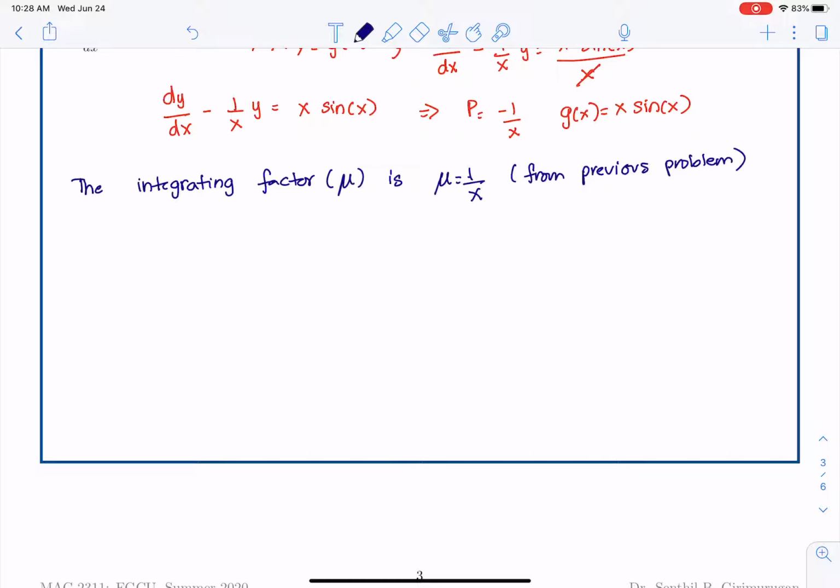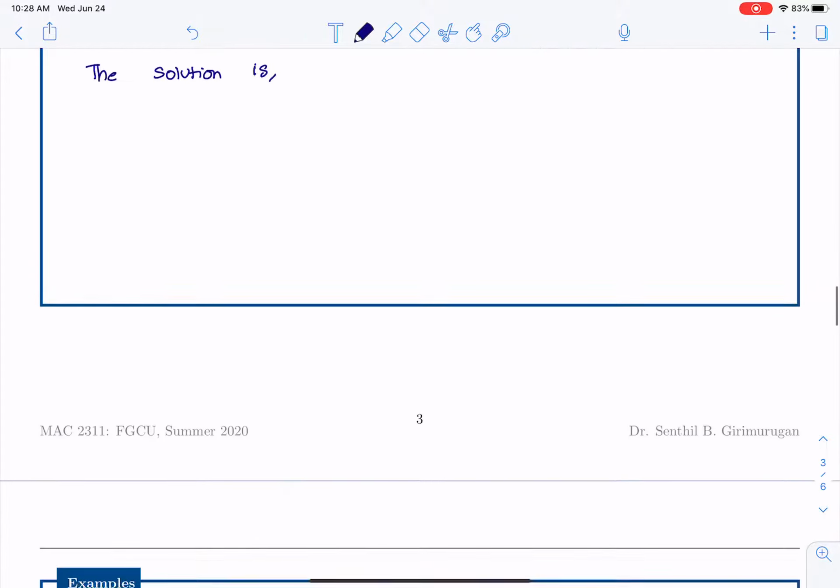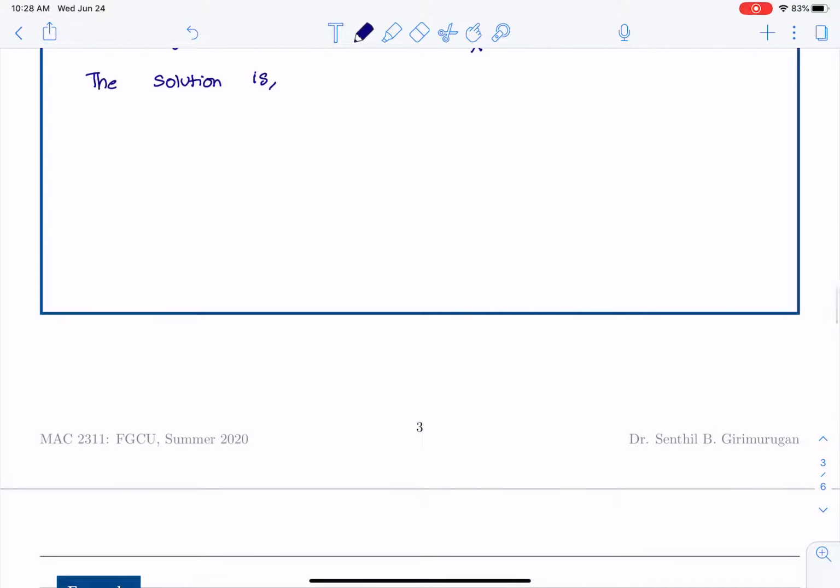So the solution now is 1 over mu times the integral of mu times g of x dx plus c.